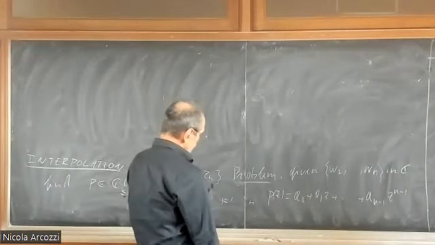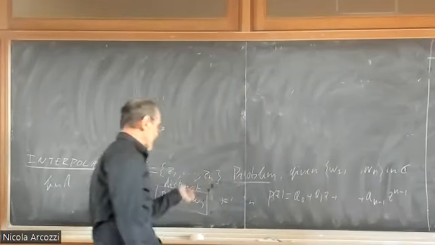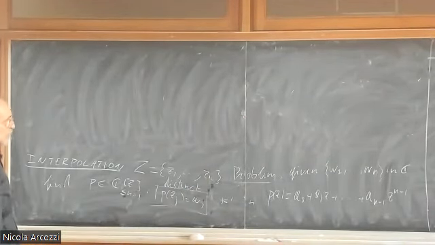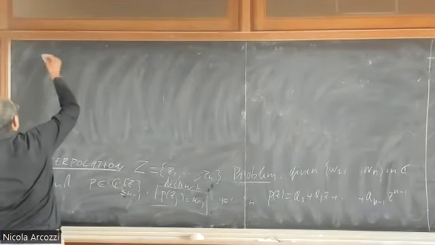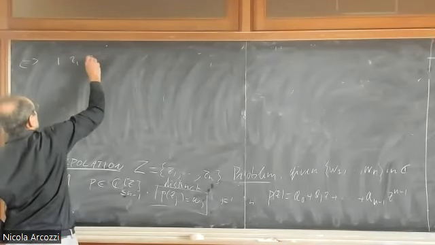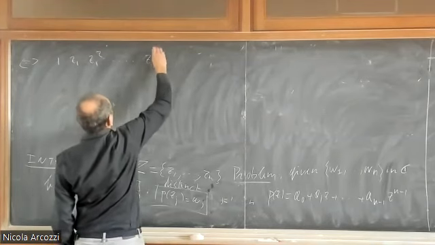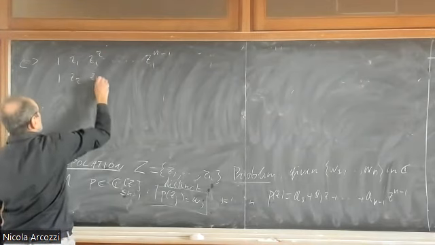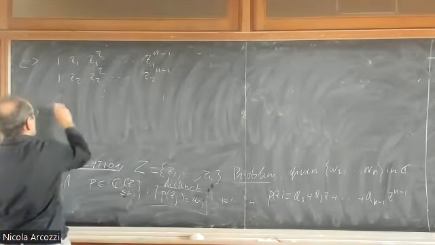If we consider the equation P of Z is equal to W, where Z and W are these, it looks pretty much like a matrix with rows 1, Z1, and so on.